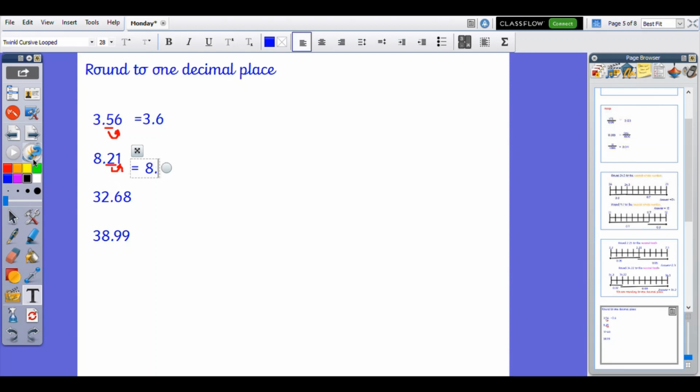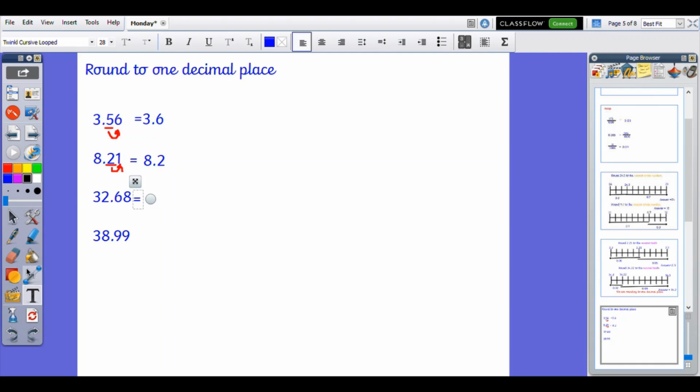So we've got 8.2. Okay, so this you should be able to remember from when we've done rounding, because it's basically the same, just with a decimal place. Okay, so if you want to have a go at these two by yourselves, you can, and then we will go through the answers.